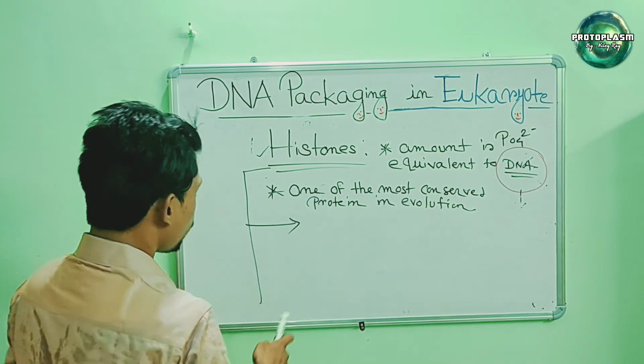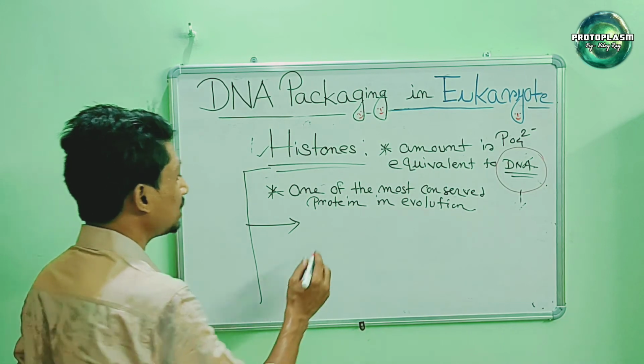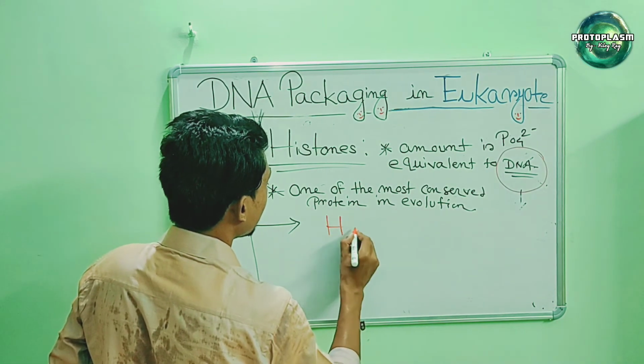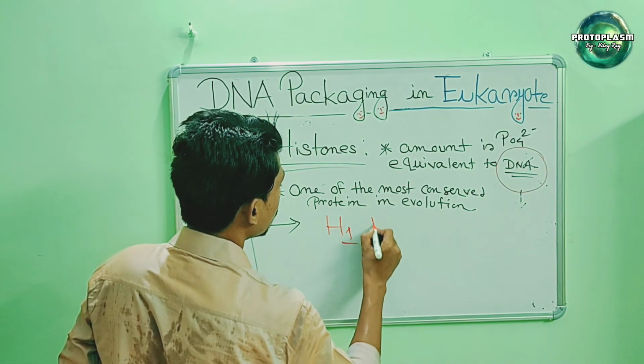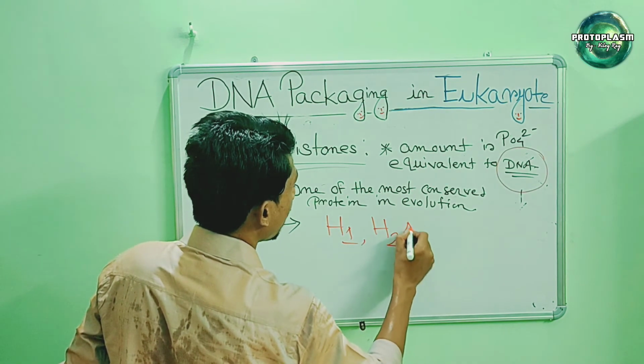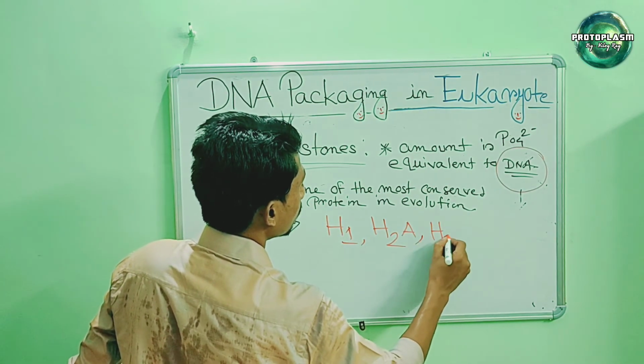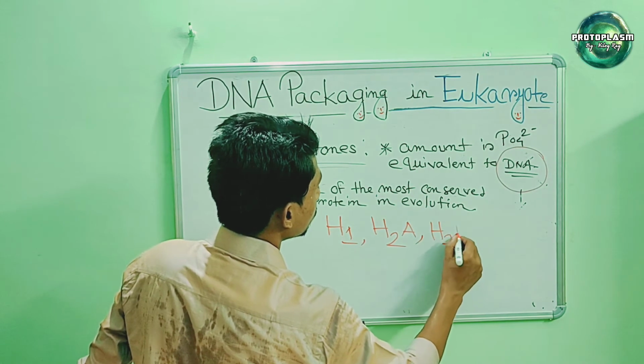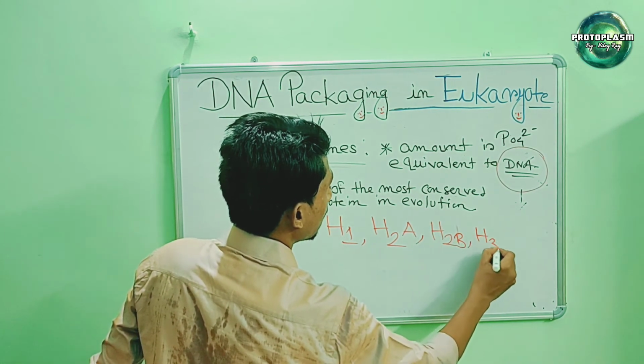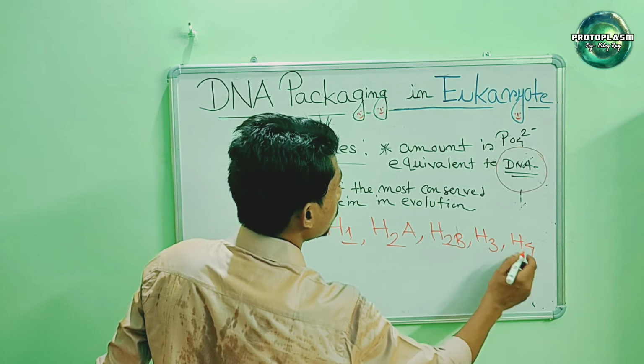Now the types of the histones. Basically there are 5 types of histone proteins, which are named H1, H2A, H2B, H3 and H4.